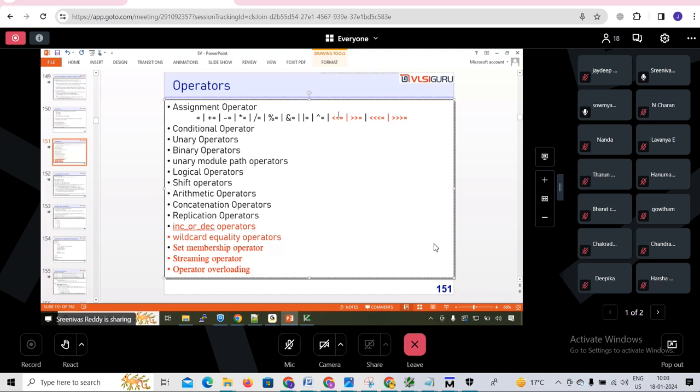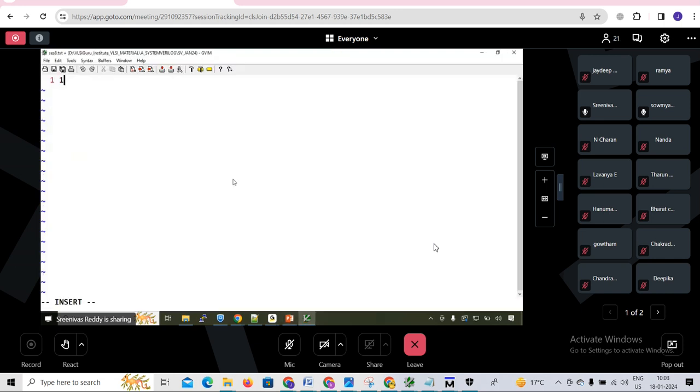Have you understood these operators? The signed shift and unsigned shift operators? In signed shift, the signed nature will be retained.